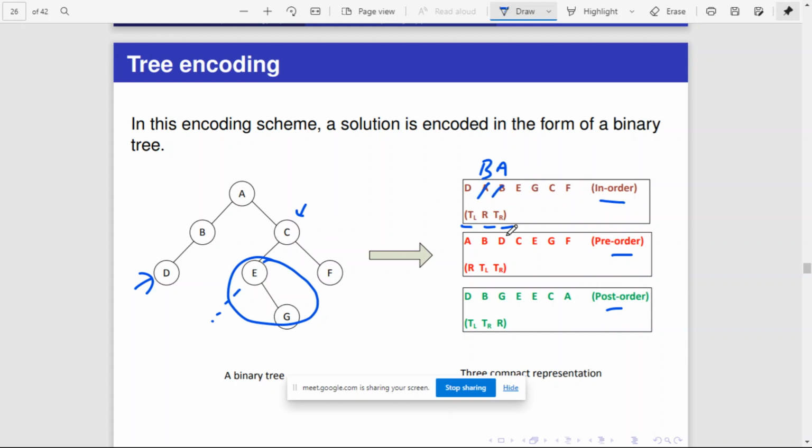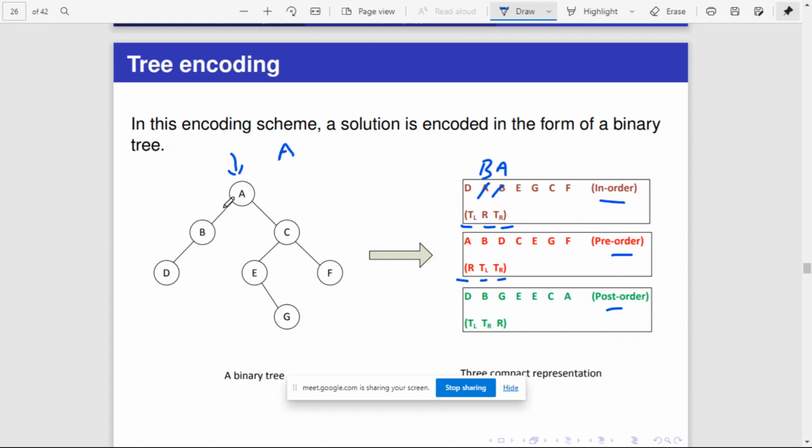And for pre-order, the order is root, left, and right. First you visit the root, then the left subtree and the right subtree. Start with A. Is it a root node of some subtree?